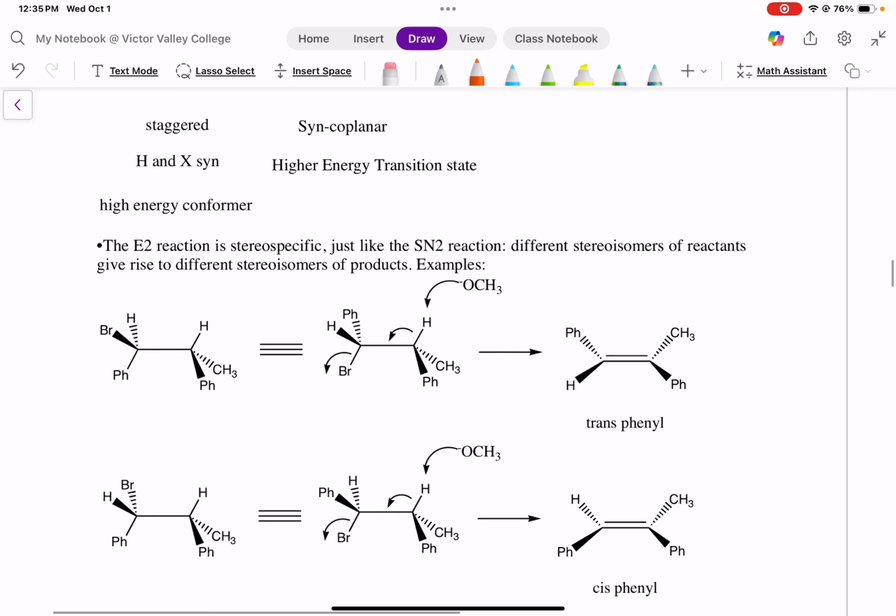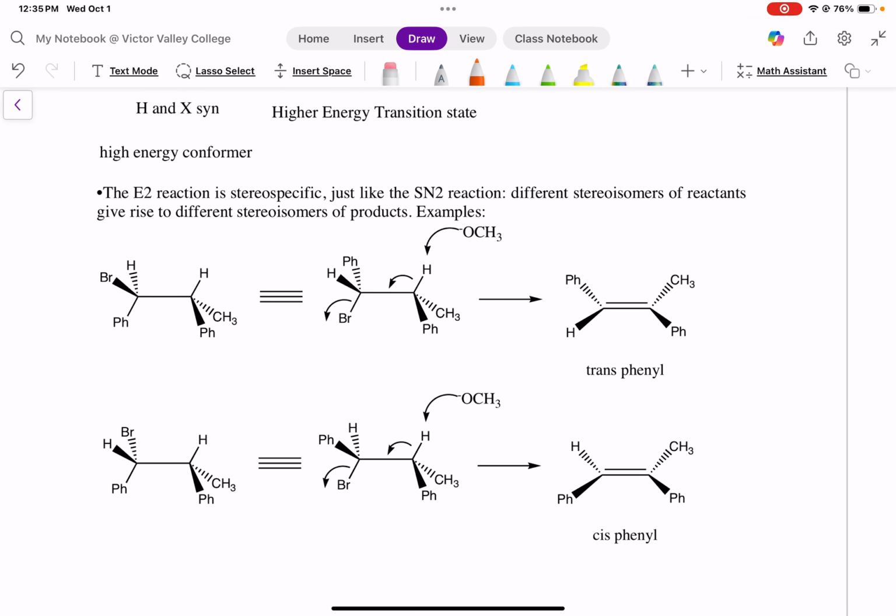So for example, this one right here, you have the bromine taken off, eliminating the hydrogens, and then forming the double bond. So this is a trans, the way it's eliminating hydrogens, and it's always trying to stay away from the bromine.